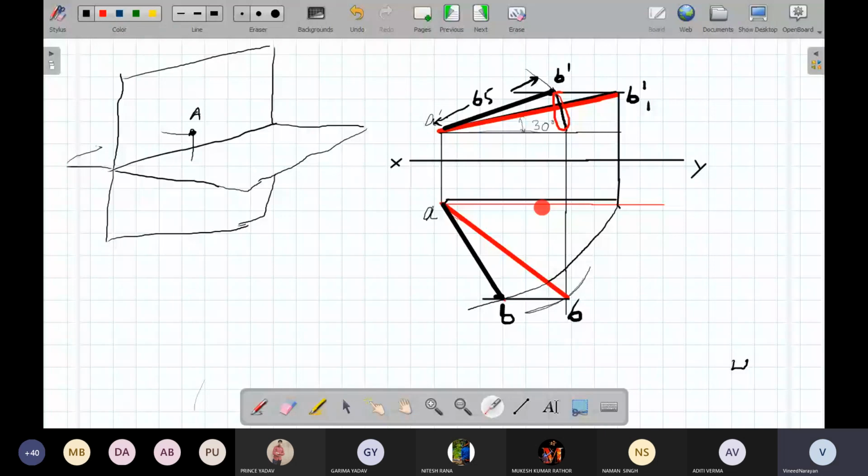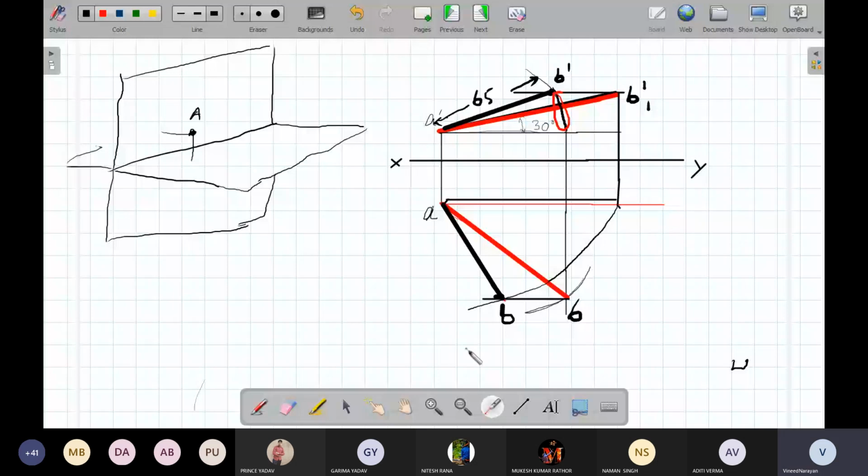So it will be B1 dash. Okay, because we know that the length is 90 and this line is already drawn. So I am reversing this action. I am projecting it and then rotating it in such a way that it will meet this horizontal line.